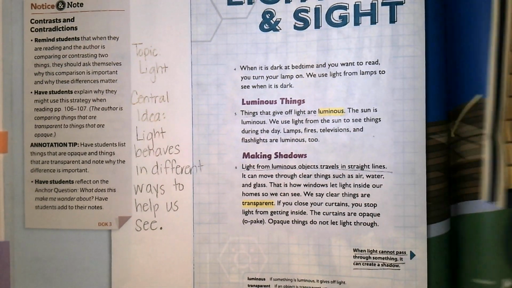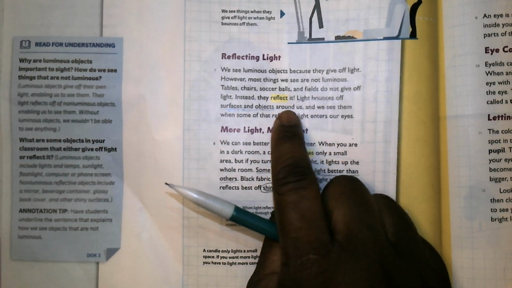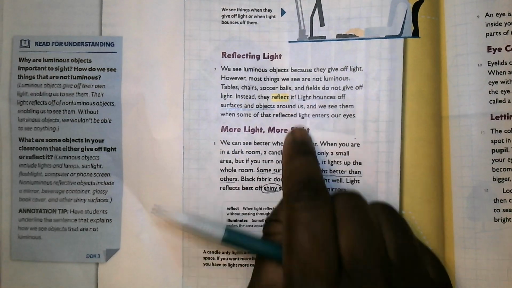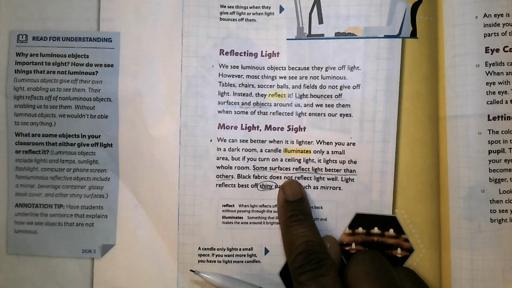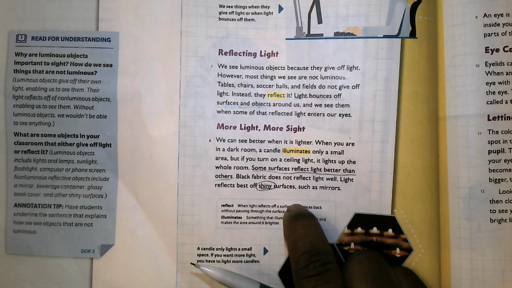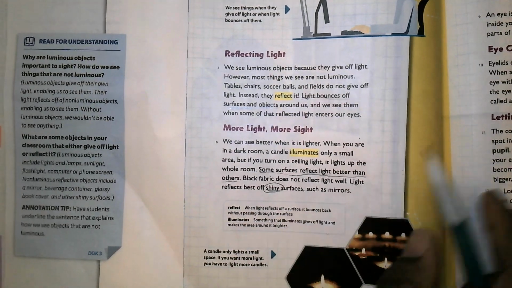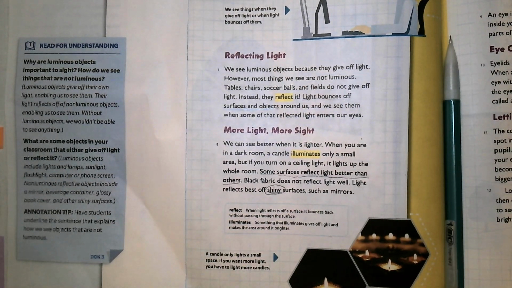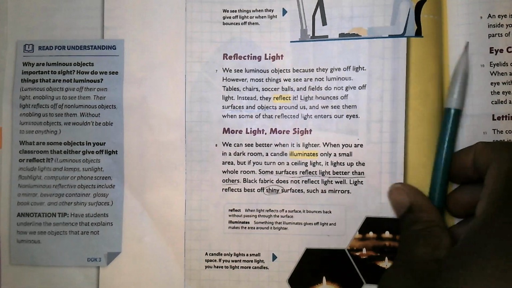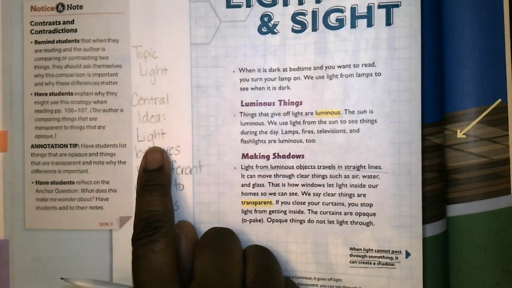Or sometimes light will bounce off of other surfaces around us, like mirrors, to help us see. Sometimes light will reflect brighter when it's on other surfaces, like shiny surfaces, and not as well on others. And so those ideas help contribute to this central idea right here.